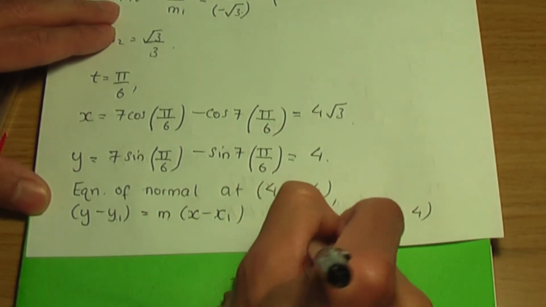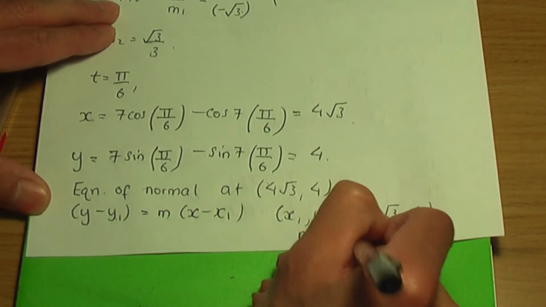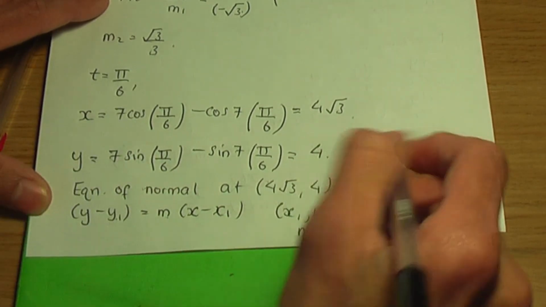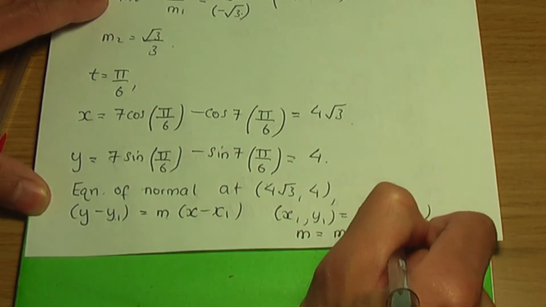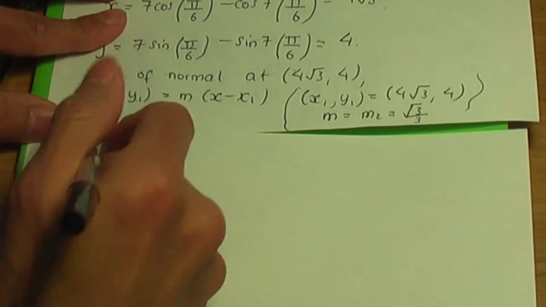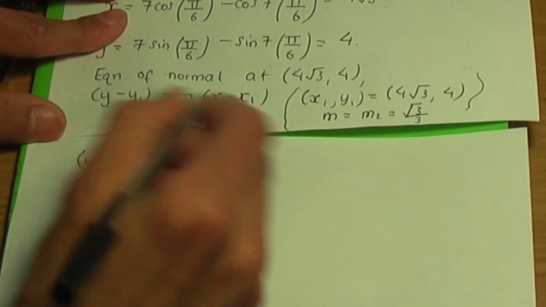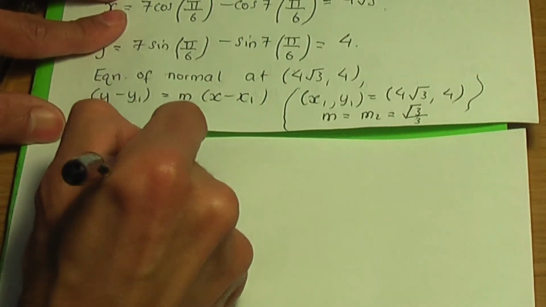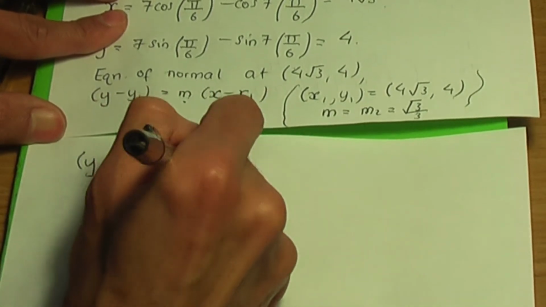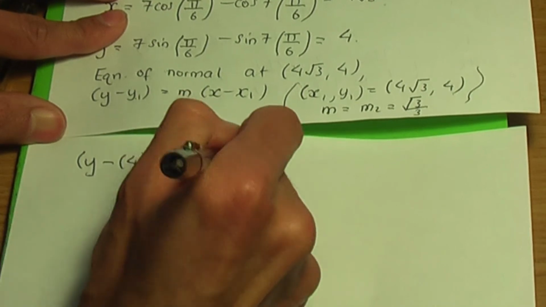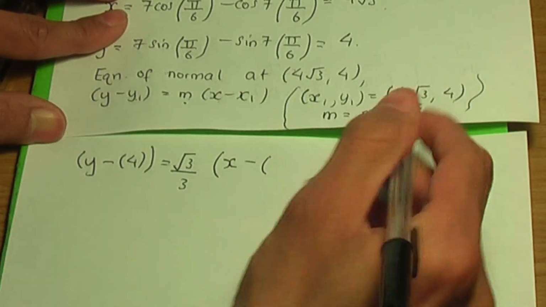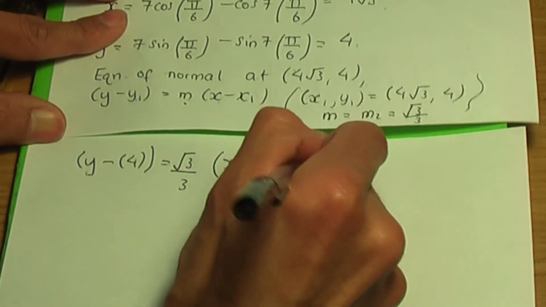And m is the gradient of the normal, so m is m2, which is root 3 over 3. So we'll have y minus 4 equal to root 3 over 3 into x minus 4 root 3.